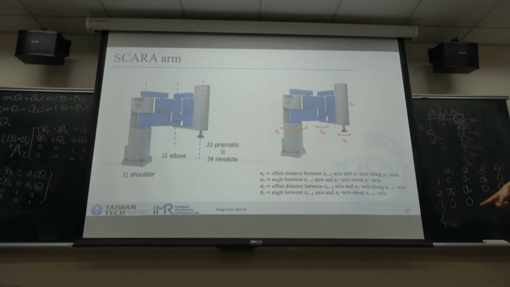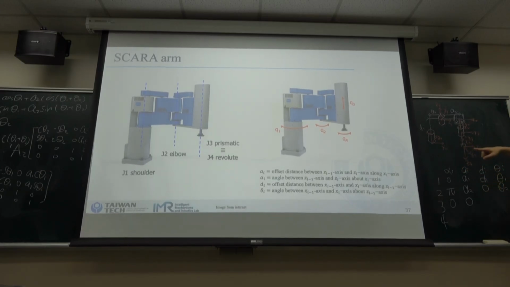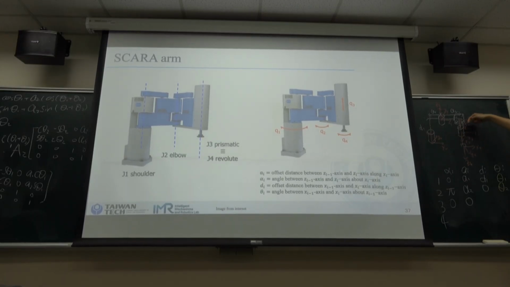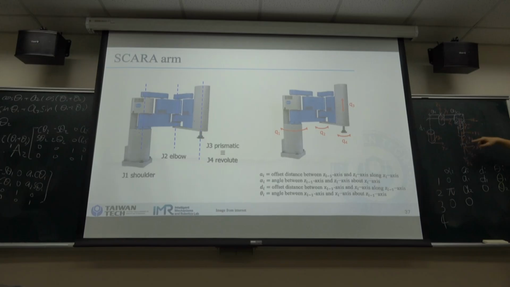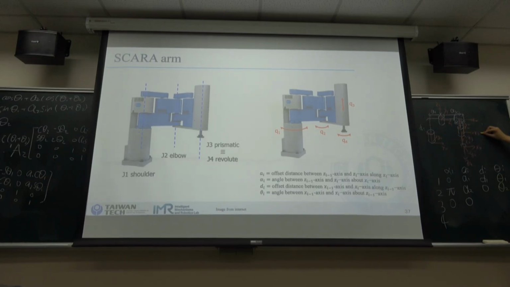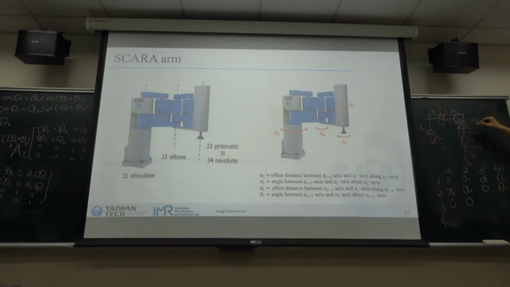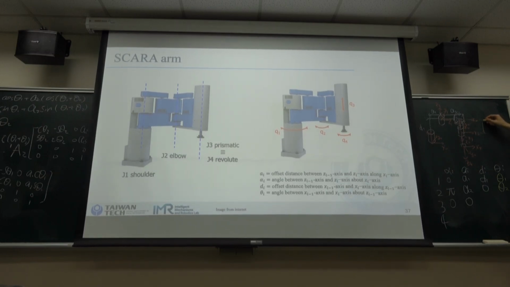And d3 is the distance between x2 and x3 along Z2. So x3 is here, x2 is here, along Z2, so here is d3.